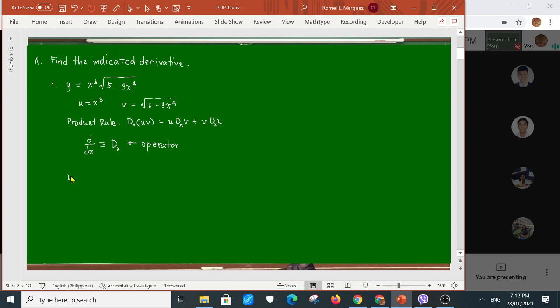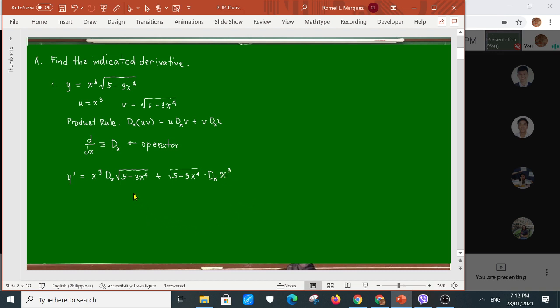So, getting the y prime, that is equal to product. So, the first, that is our u, times the derivative with respect to x of the second, 5 minus 3x to the fourth, then square root of that, plus the second, square root of 5 minus 3x to the fourth, times the derivative with respect to x of the first, so that is x cubed.